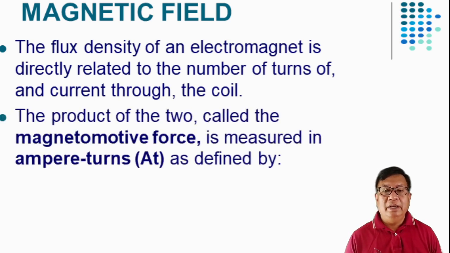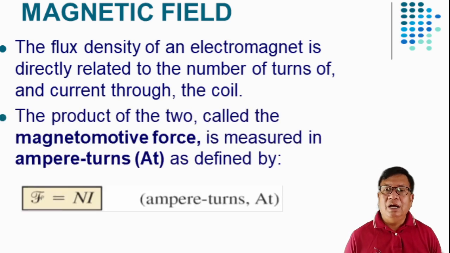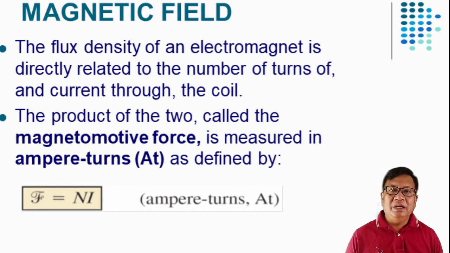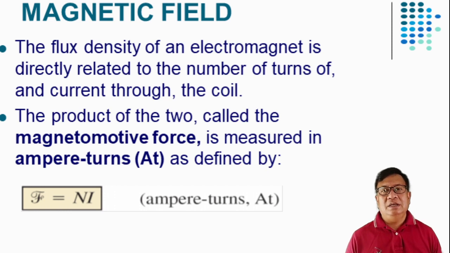So that is why we have this formula of the electromotive force, which is of course synonymous to... hindi pala electromotive force. We have this magnetomotive force. It is synonymous to electromotive force, okay?